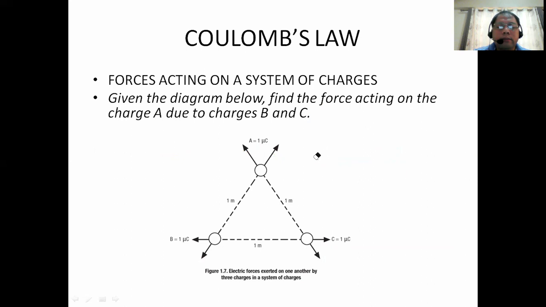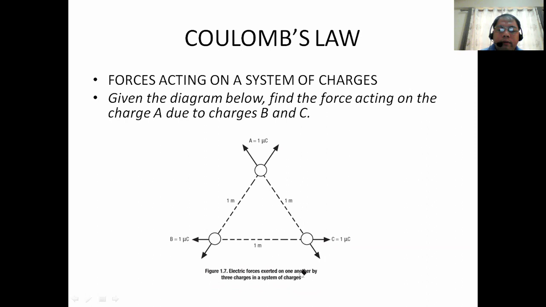So what if we don't have only 2 of them, but we have 3, and the 3 charges happen to look like this triangle? Now we can let 1 or 2 of them be of the same sign, positive, and then we can let the other one be of opposite sign. And then naturally some of them will attract one another, and some of them will repel one another.